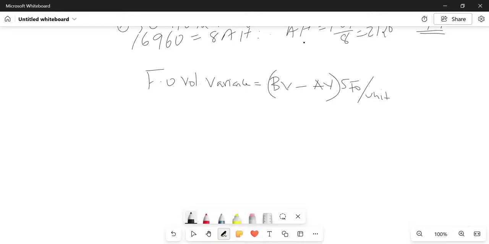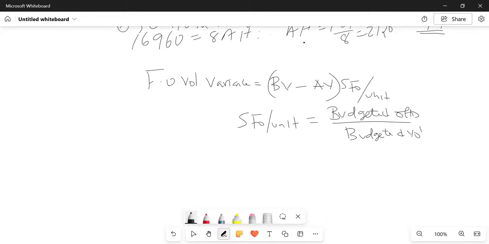So could you kindly give me the standard fixed overheads per unit? Let's start from this one. Kindly give me the standard fixed overheads per unit. So this will be budgeted overheads all over budgeted volume.